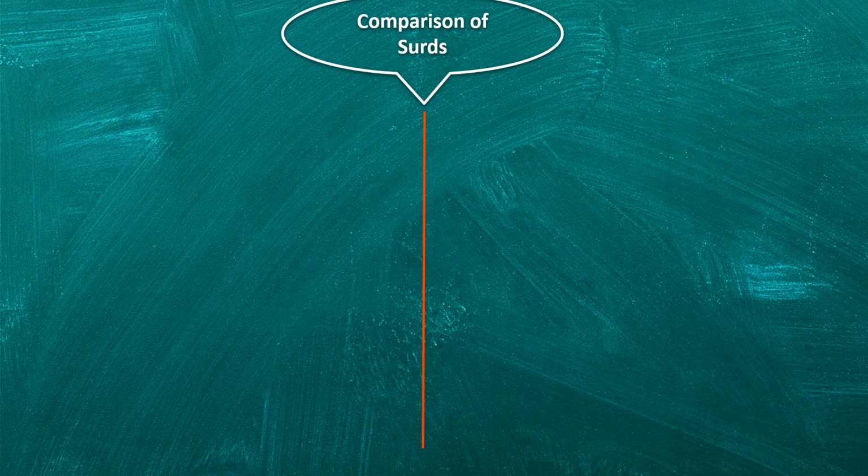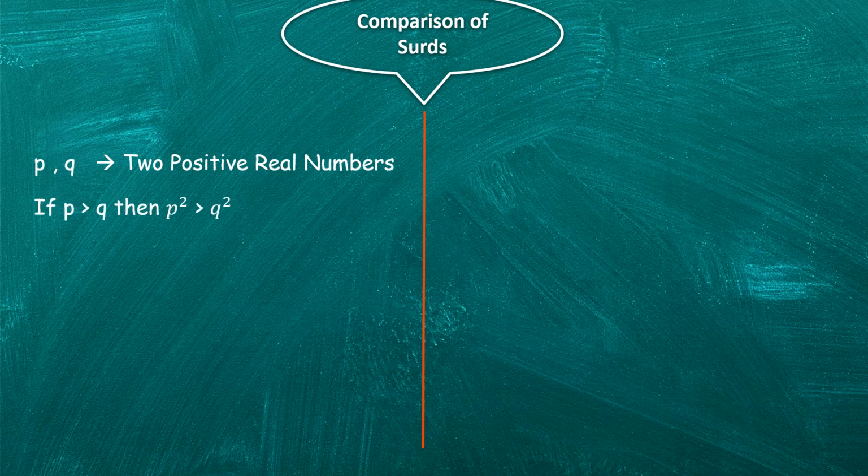Now we'll see comparison of surds. So before going forward, let's remind a few things. Suppose P and Q are two positive real numbers, and if P is greater than Q, then obviously P square should be greater than Q square.